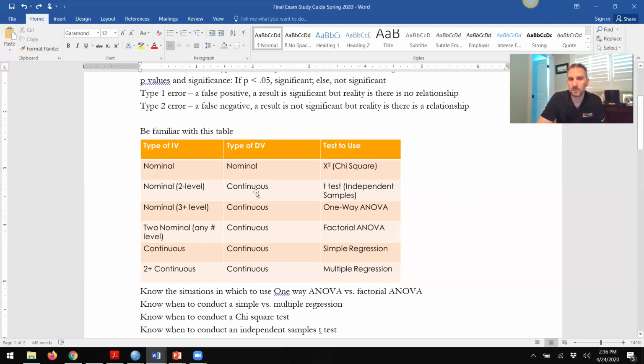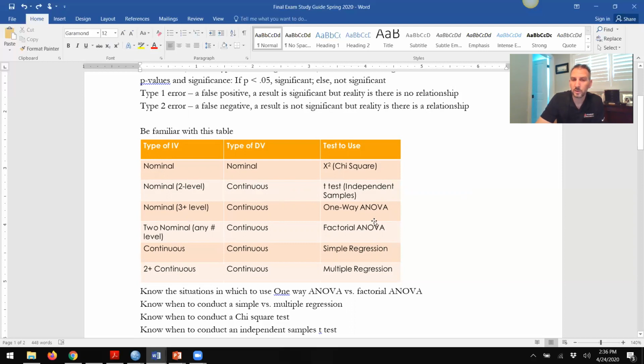And then the dependent variable would be any kind of continuous variable, number of hours of sleep or quality of sleep. It's got to be continuous. And the question for this one is, are these two groups different from each other on average on this variable, whatever it is? So that's an independent samples t-test.